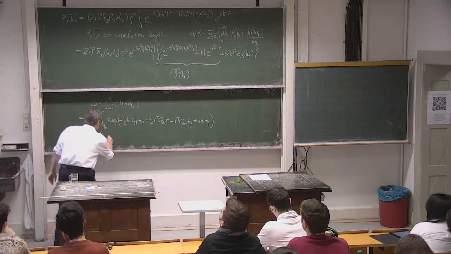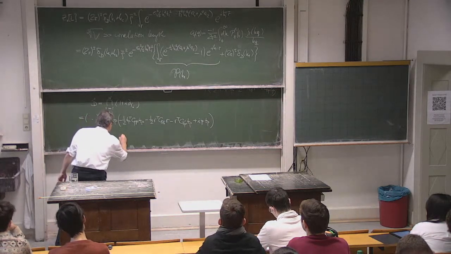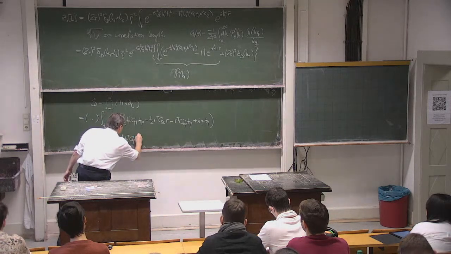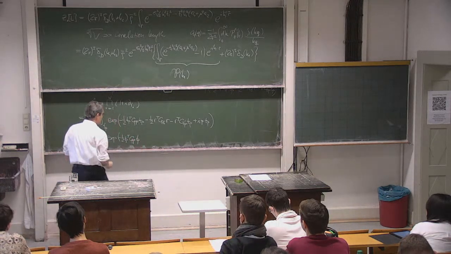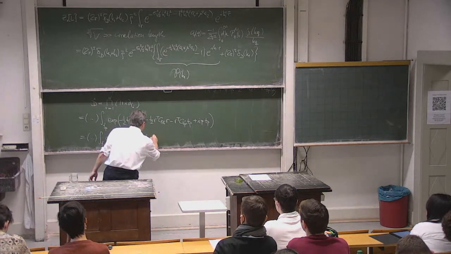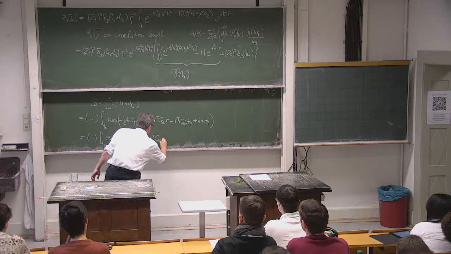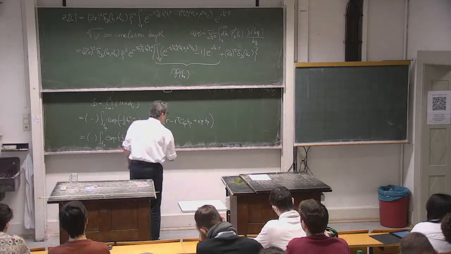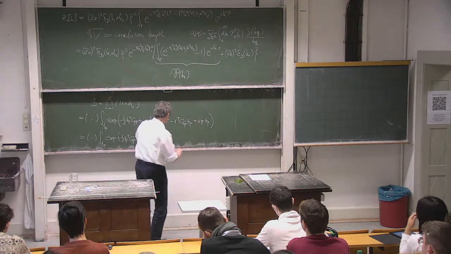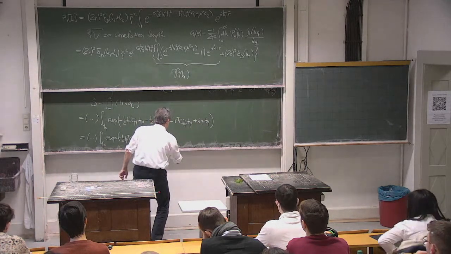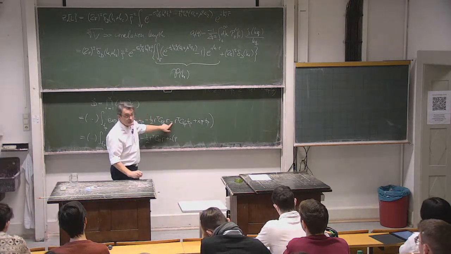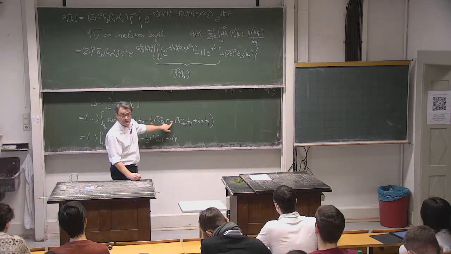I write this as this, that. Now I want to have this factor of I in front. So I'm writing plus I. Now, this minus sign is an I squared.